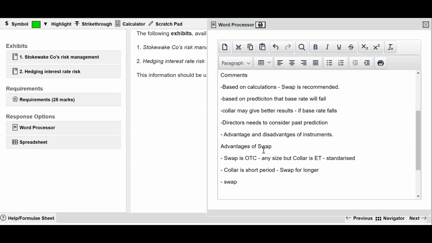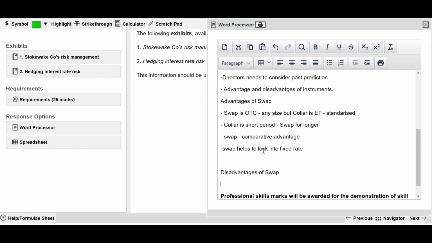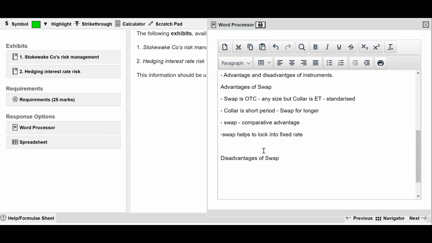So swap has the comparative advantage. Finally, swap helps you to lock into a fixed rate and not the variable, where you have the risk of variability.